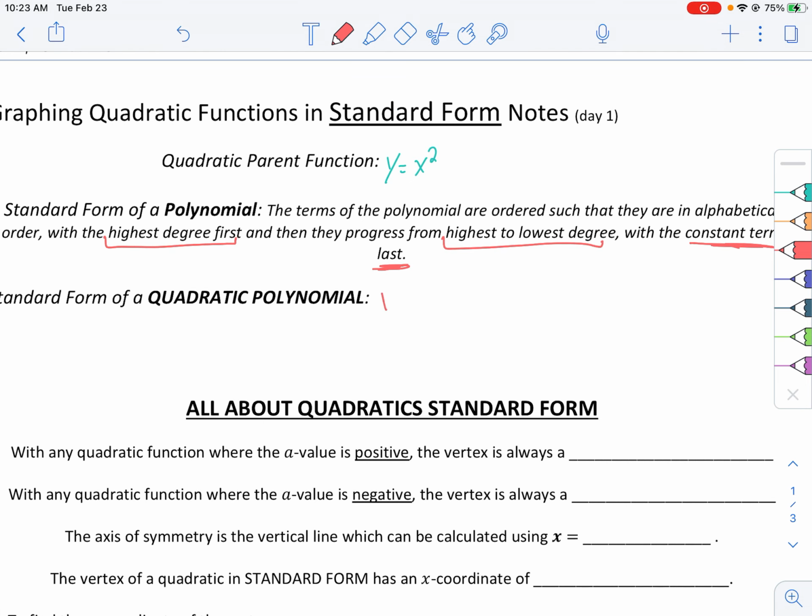That means we're going to have y is equal to some number multiplied by x squared, plus some other number multiplied by just x, plus that constant term. So it's ax squared plus bx plus c is our quadratic polynomial in standard form. Specifically, it is a trinomial, right, because there's three terms.